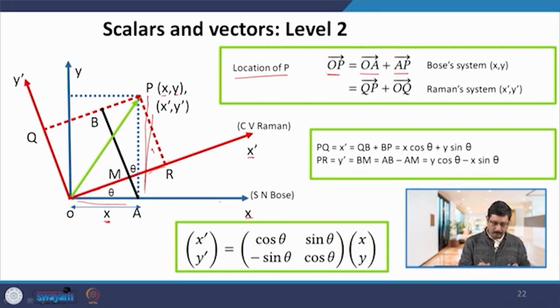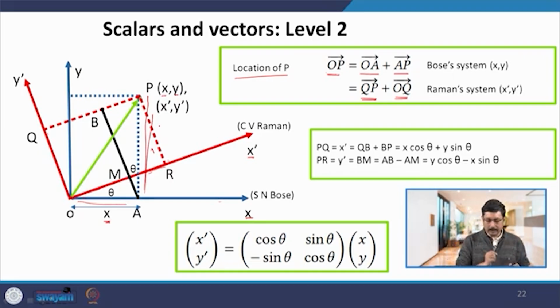You can also think of it this way: you can first go along the y axis, along OQ, and then in a path which is parallel to the x axis of the red coordinate system, which is QP. This is the equation written here: QP plus OQ. From the figure you can see that both paths reach the same point P.